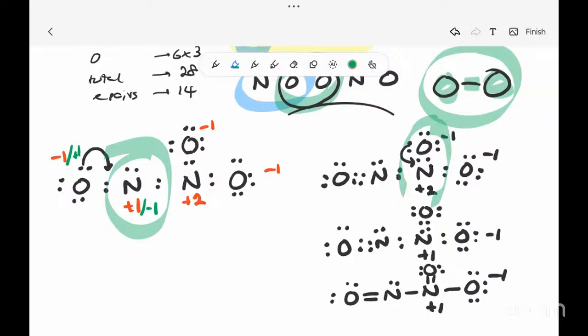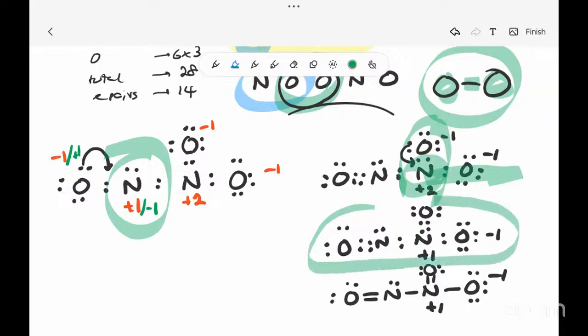Then I can minimize it further to fulfill the electron octet of this nitrogen atom. I have done that part as well. So at the end of the day, I ended up with something like this. So this is the correct structure for N2O3.